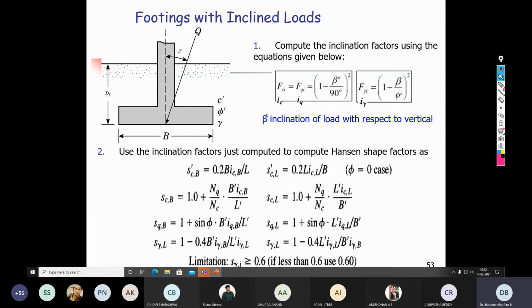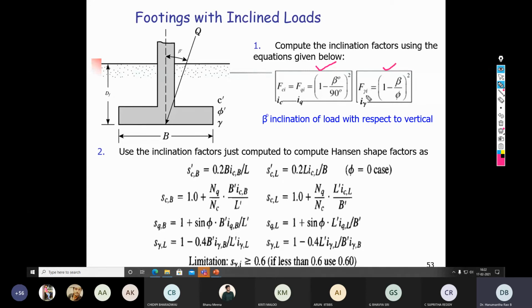Oh, all right. Sir, it will be 0 here also. Correct. The beta and phi are same. So beta is 30, phi is 30. So 1 minus 1, it is 0. Okay, so for those who did not understand, try to use these equations.